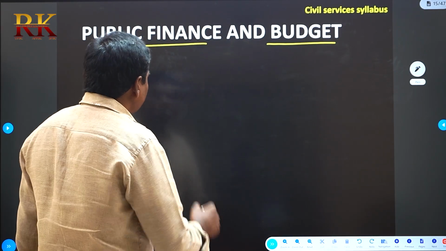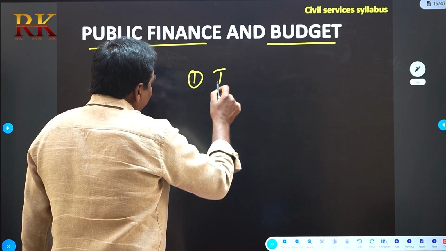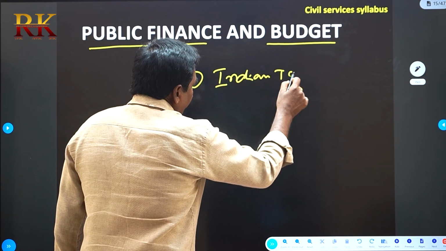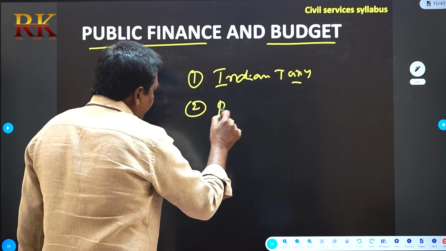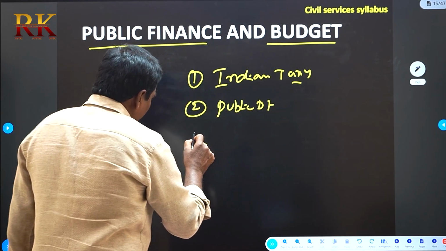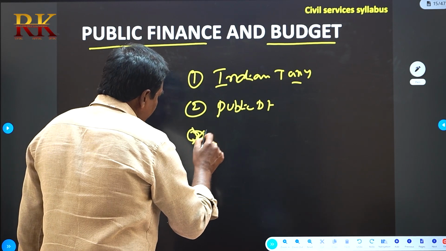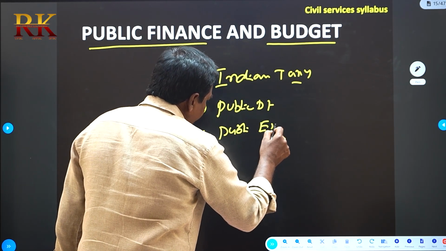Other than that, public finance and budget. Public finance has three sectors. It is the Indian tax system. Number two, public debt. And third, public expenditure.